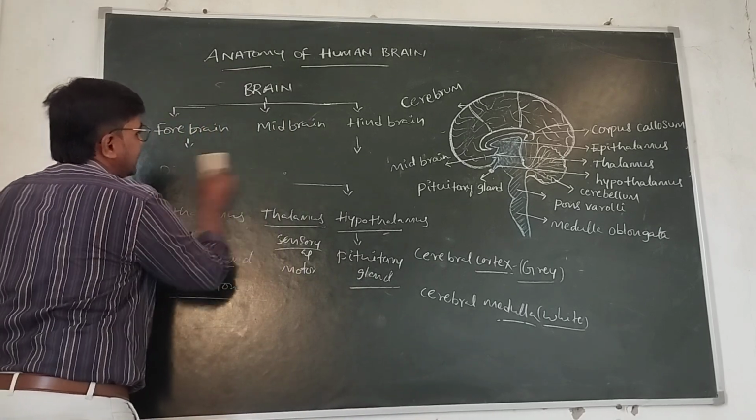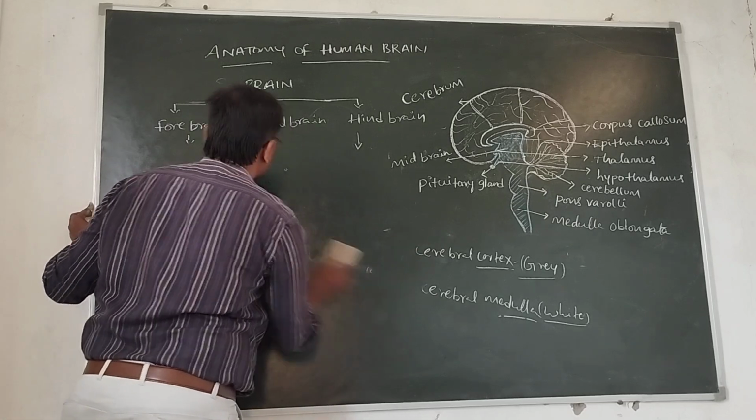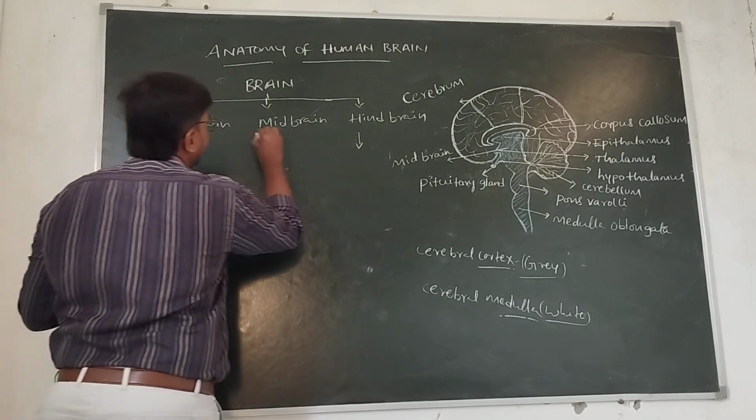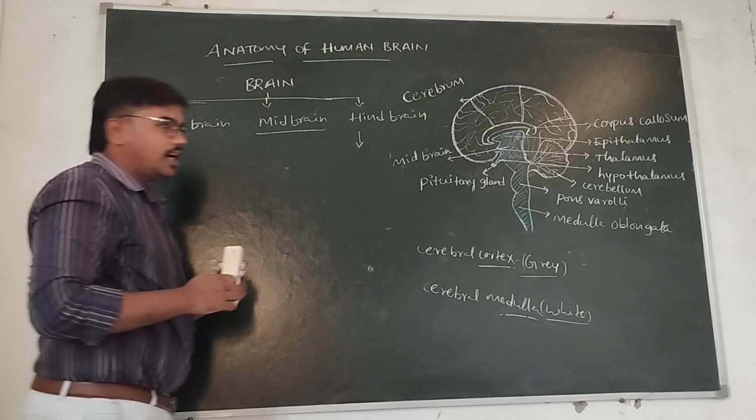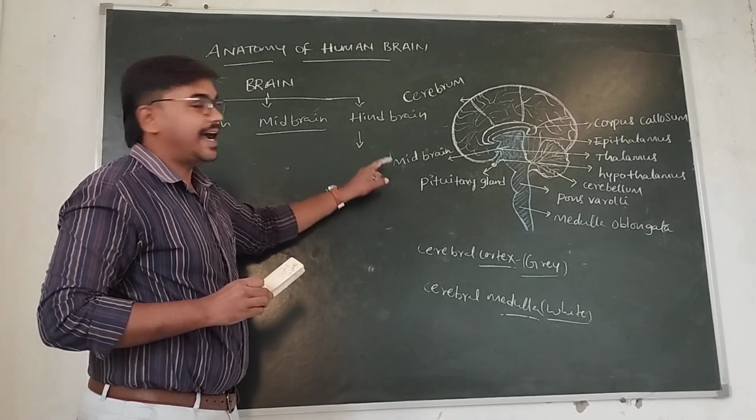Next, the second one is the midbrain. The midbrain is present in between the forebrain and hindbrain.